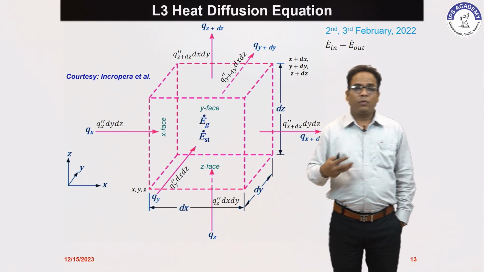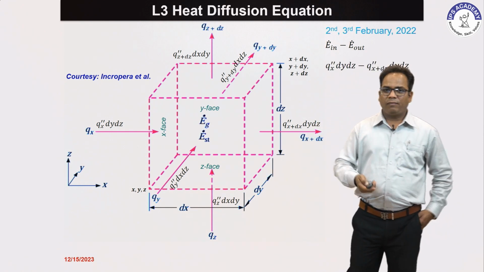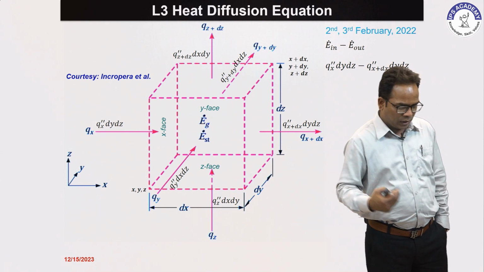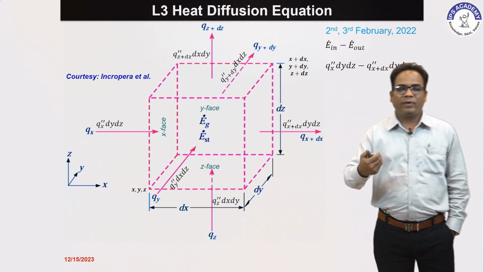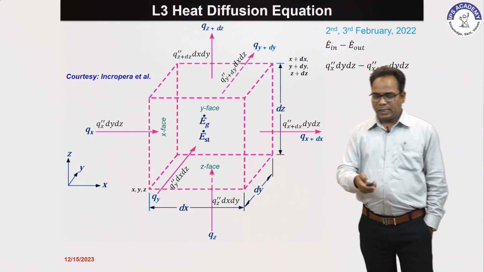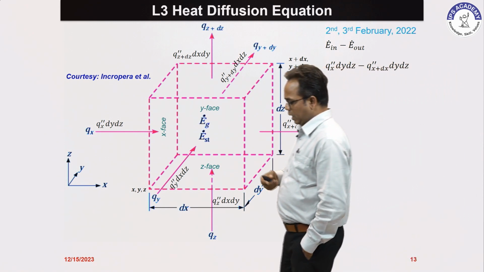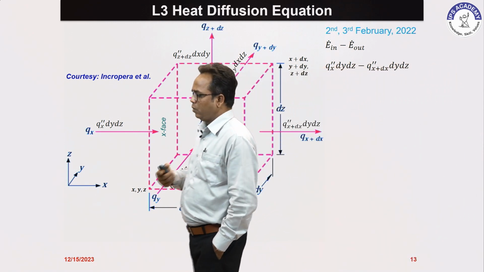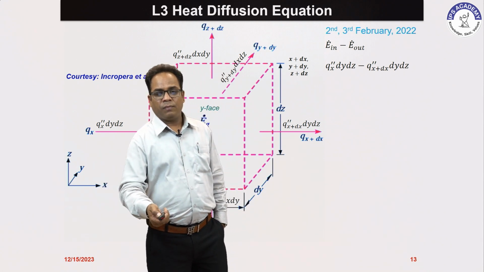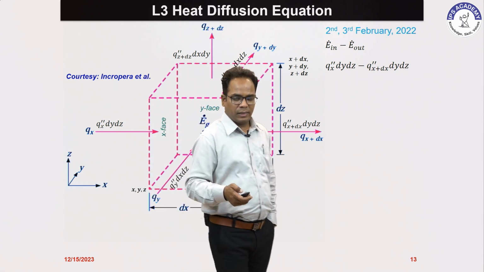Okay, so we have to convert this physical situation into mathematical form. Let's identify the amount of heat which enters and leaves through the different phases. This is the amount of heat which enters through the x phase, that is q x double prime dy into dz, and this is the amount of heat which leaves through the x phase, that is q double prime x plus dx, dy dz.